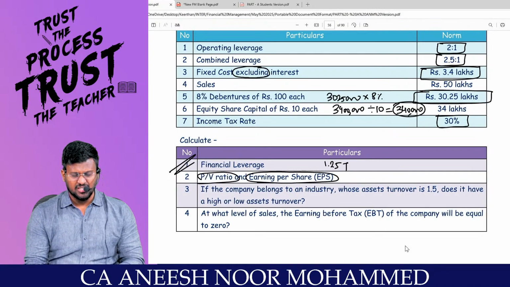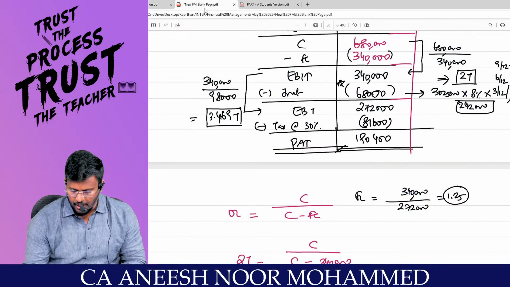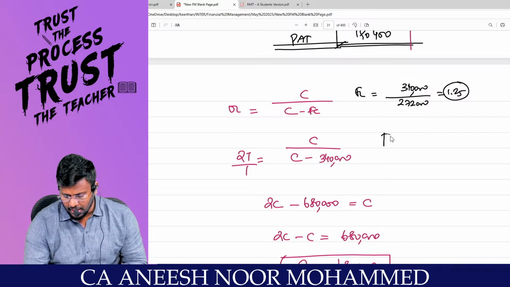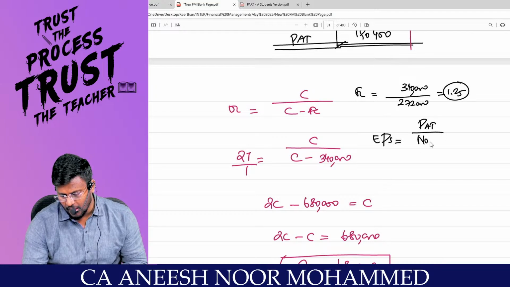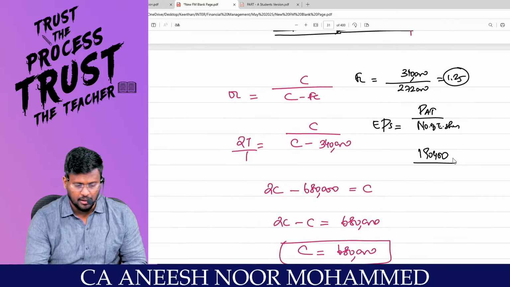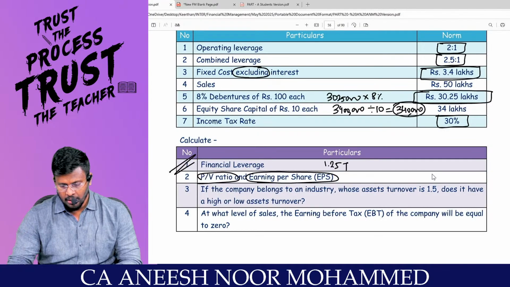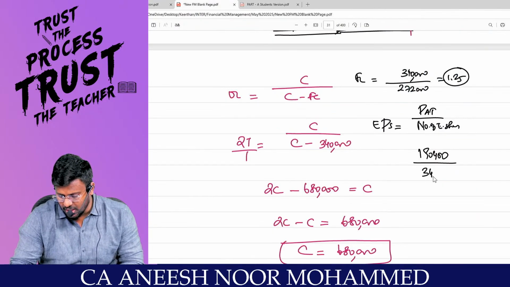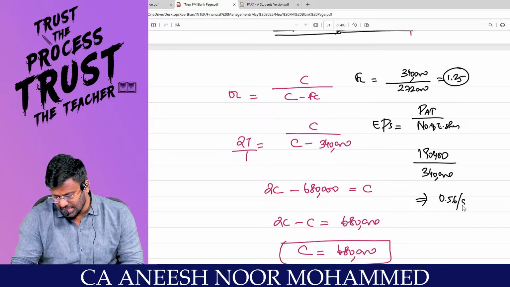Is there any preference dividend? No. So from the PAT, I can calculate the EPS. So EPS is equal to PAT divided by number of equity shares. Comfortable, sir? The PAT is 1,90,400 divided by 3,40,000 equity shares comes to 0.56 per share is the EPS.